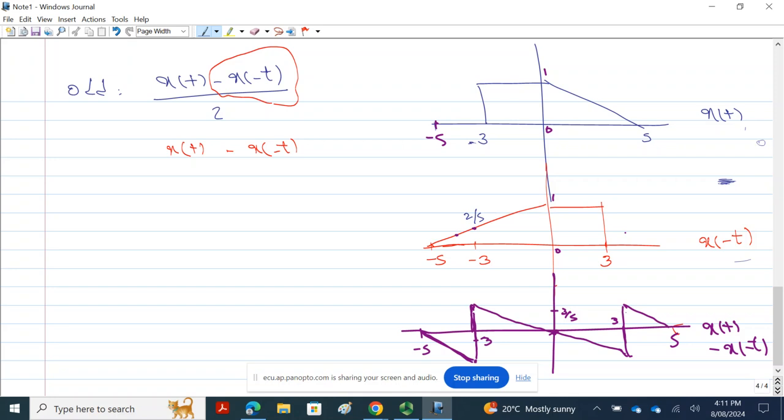Now, 0 minus the positive value will be that value with the negative sign. 0 minus 2 will be 2 with the negative sign, right? So it will be the same line, but with a negative sign. So this, if I flip this down, it's exactly this one, this line. Because I'm saying 0 minus that one, up to point minus 2.